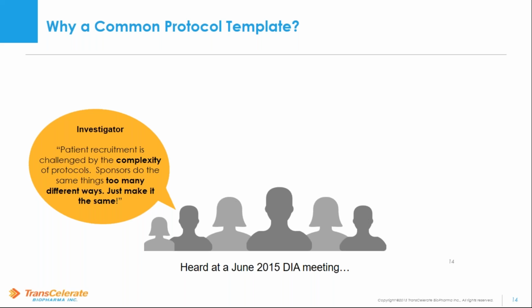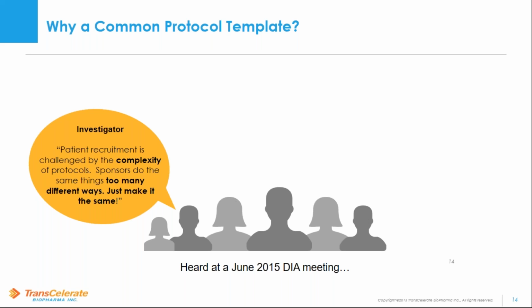At many meetings for some time, we've been hearing a variety of voices commenting on how sponsors design and implement trials. And this slide summarizes some of those specific inputs heard at a DIA meeting in 2015. Investigators spoke of the increasing complexity of our protocols and the fact that every sponsor seems to do things differently.